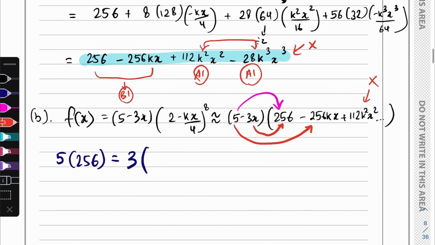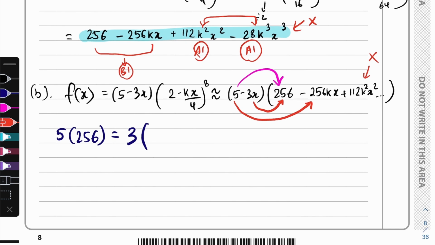So how do we get the coefficient of x? That's minus 3. It's a coefficient of x, so we don't need the x anymore. So minus 3 multiplied by 256, and it's plus 5 multiplied by minus 256k. And then we close this big bracket.